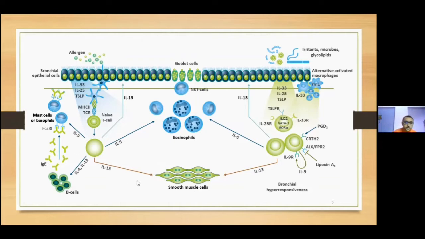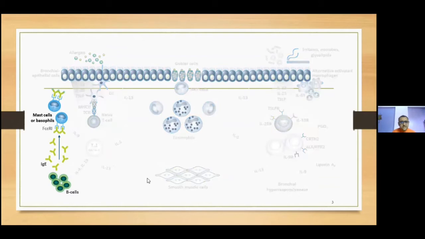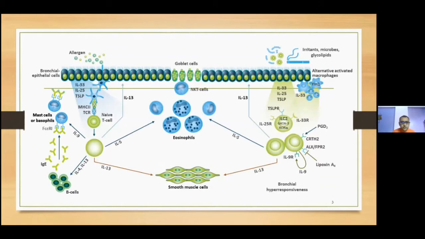So if we look at this diagram, in this pathway we generally see B cells producing IgE, which attaches to basophils and mast cells and causes release of histamine from the mast cells. Apart from that, there is another pathway, that is interleukin 5.